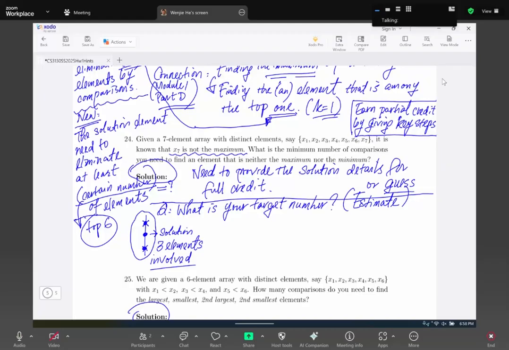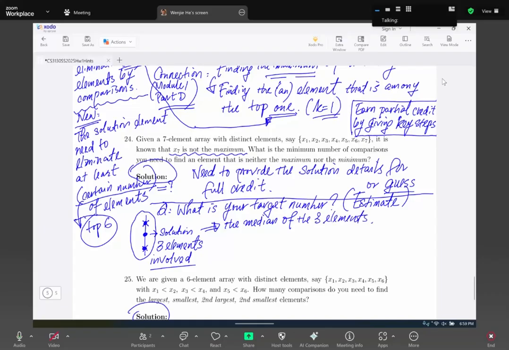Then you can select arbitrary three elements. You only need to use three elements. So when you select arbitrary three elements, the solution is the median, because it's in the middle in values, the median of the three selected elements.